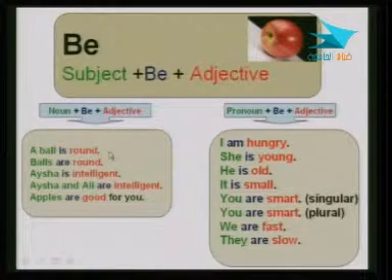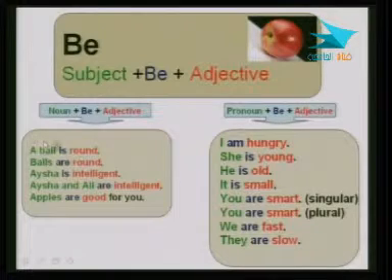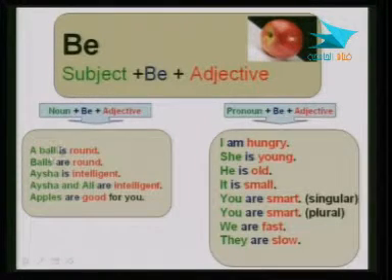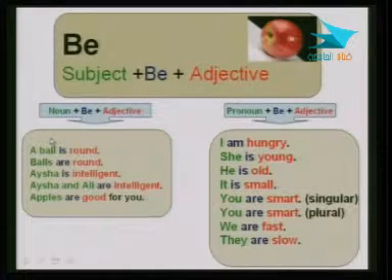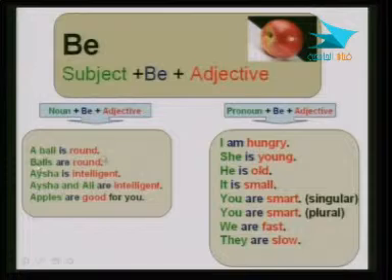So we do not change the form of the adjective because of the change of the subject. The adjective form stays the same, regardless of whether we have a singular subject or plural.